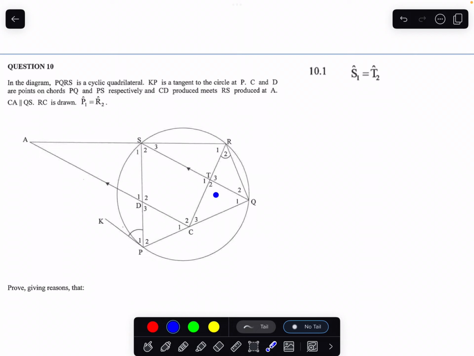S1 is equal to T2. We don't have any centers, so boo-hoo. So S1 and T2. I'm trying to see, okay, what's related to T2? I see that it's equal to C2 because of alternate angles.